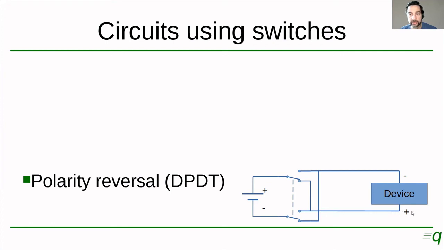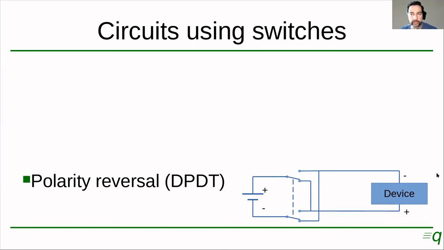So the bottom of the device, which was negative when the switch was in the other position, is now positive. And the negative side of the battery is connected over here to this wire that has no effect, but it's also connected to the top of the device. So depending on the position of this switch, we would be reversing the polarity on this device.